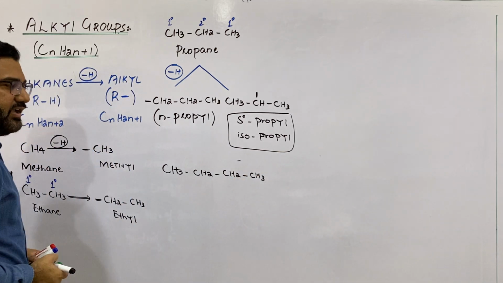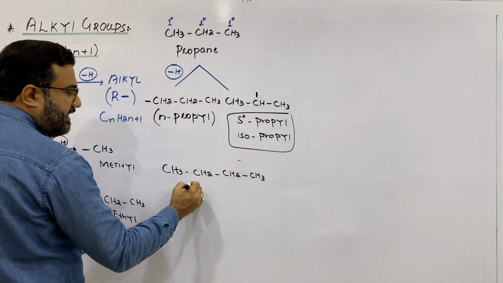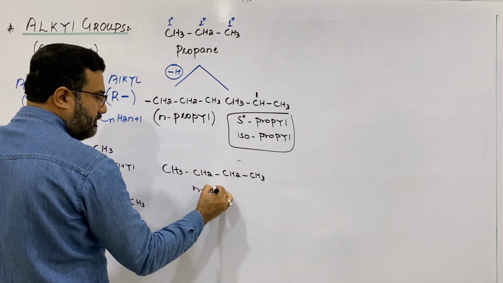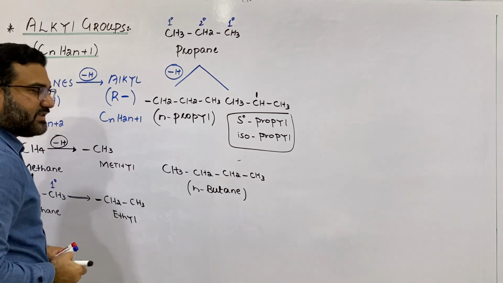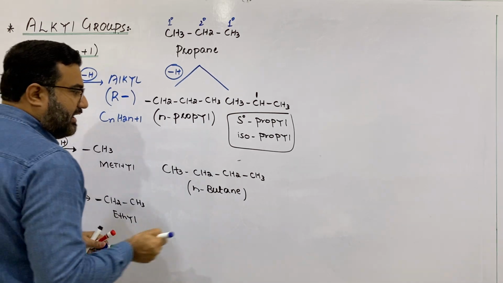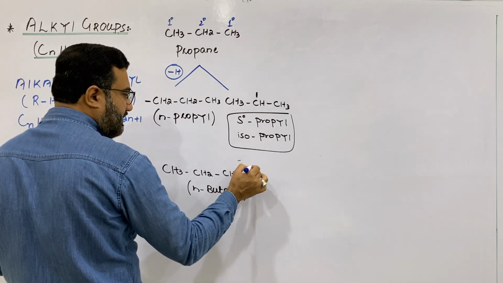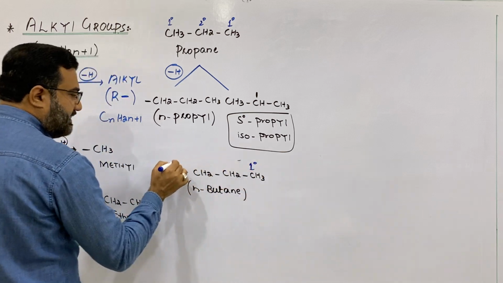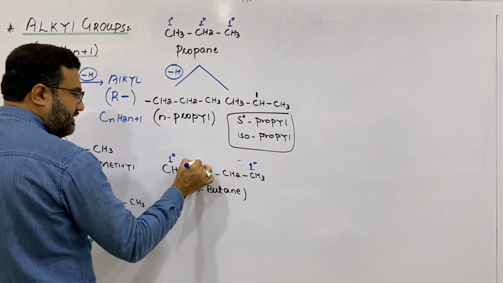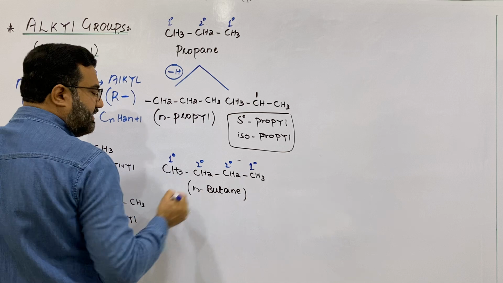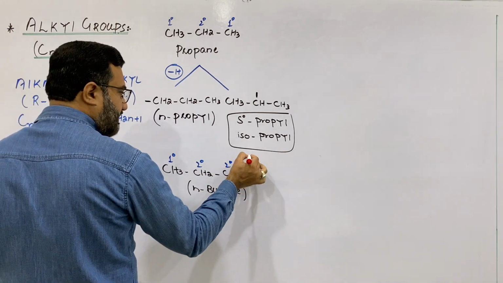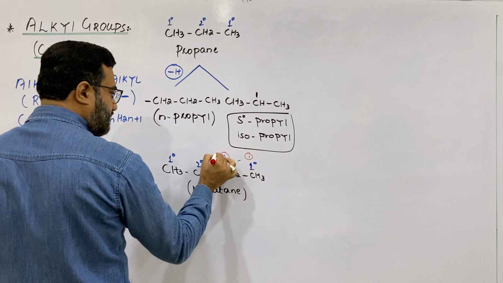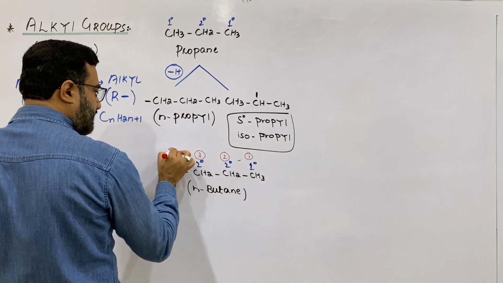Dear students, butane has two isomers. One is the N-butane. Let us first discuss the alkyl groups of the N-butane, mean butyl. Primary carbons, these two, and these two are the secondary carbons. If you will give numbering to these carbon atoms, it will be 1, 2, 3, 4.